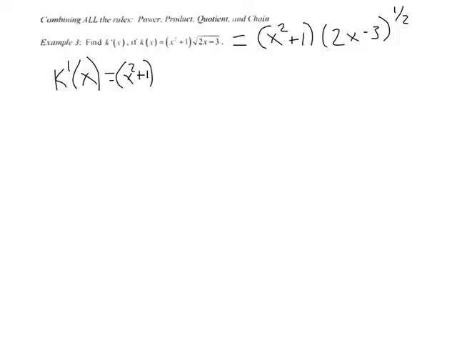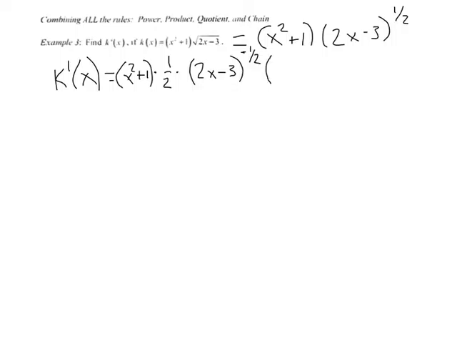Okay, so the chain rule would say bring the 1/2, the power, down to the front, put a times symbol in there, and then we're going to keep the original base the same, that inside function the same. The power goes down by 1, so we're going to have a negative 1/2 there. And then multiplied by the derivative of the inside function.